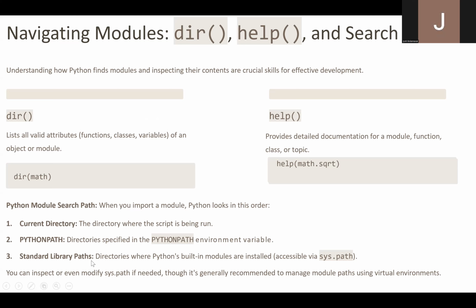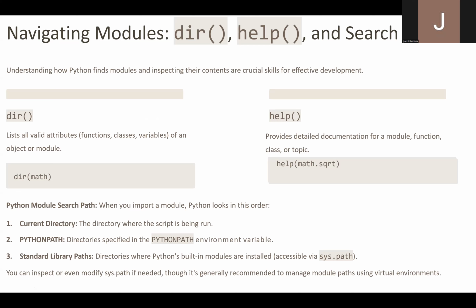Then it will search in the standard library paths, the directories where Python's built-in modules are installed, accessible via sys.path. You can inspect or even modify sys.path if needed, though it is generally recommended to manage module paths using a virtual environment.